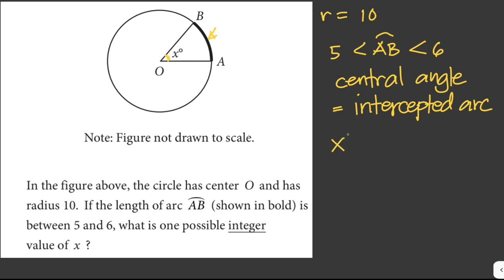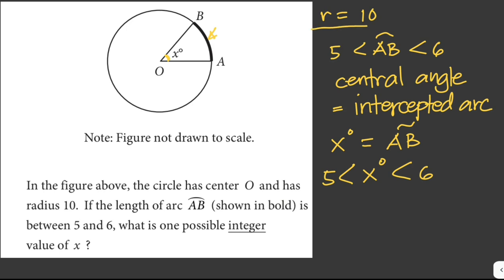Therefore, the value of x degrees is just equivalent to arc AB. So x degrees is also between 5 and 6. So now let's solve that.